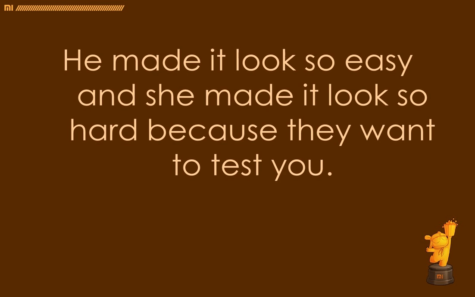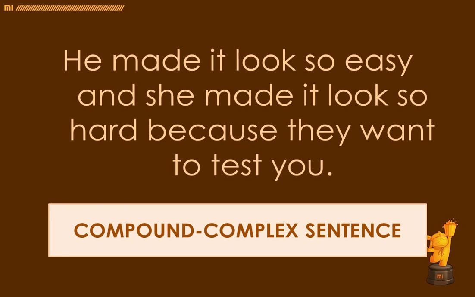Lastly, we have the first and only dependent clause which was introduced by the subordinating conjunction because. In this sentence, we have two independent clauses and one dependent clause. Therefore, this sentence is a compound complex sentence.